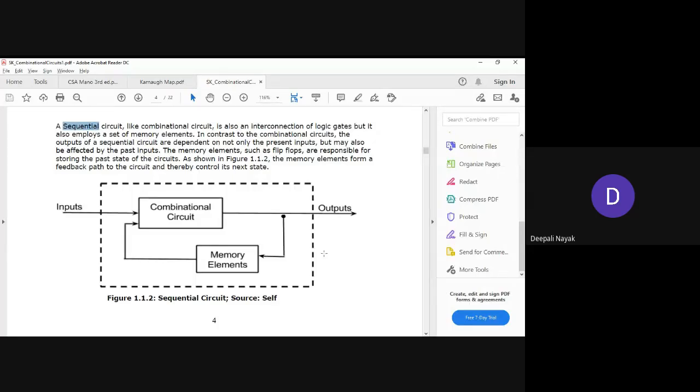In contrast to the combinational circuits, the outputs of a sequential circuit are dependent on not only the present inputs but may also be affected by the past inputs. The memory elements, such as flip flops, are responsible for storing the past state of the circuits. As shown in figure 1.1.2, the memory elements form a feedback path to the circuit and thereby control its next state.